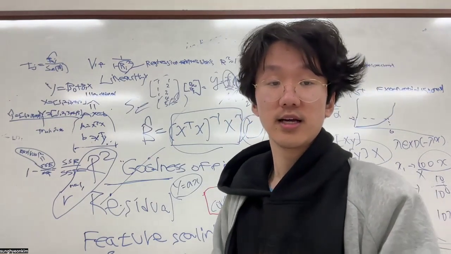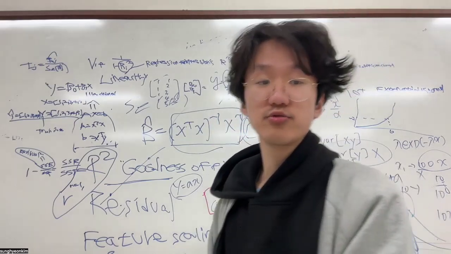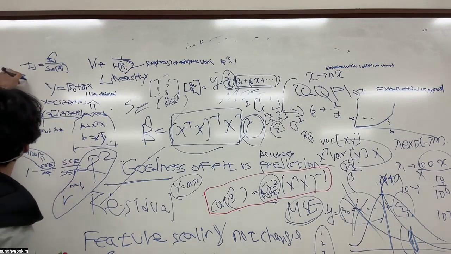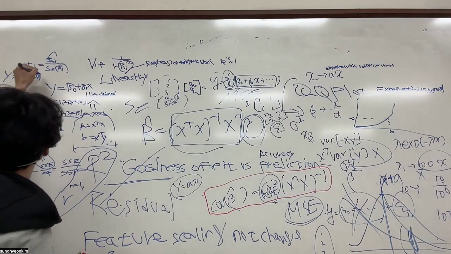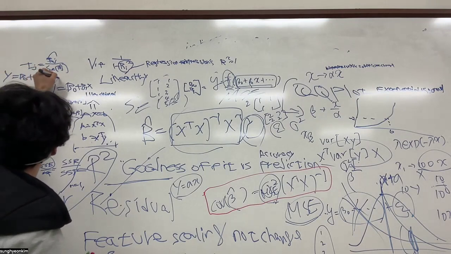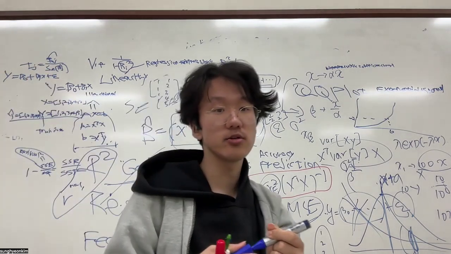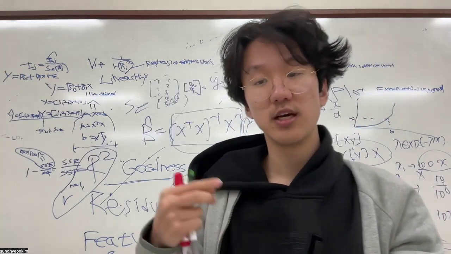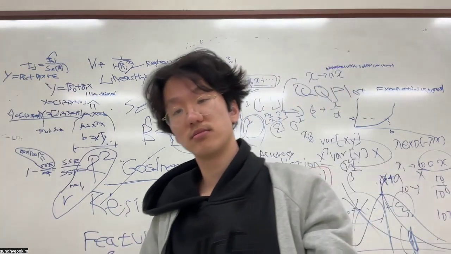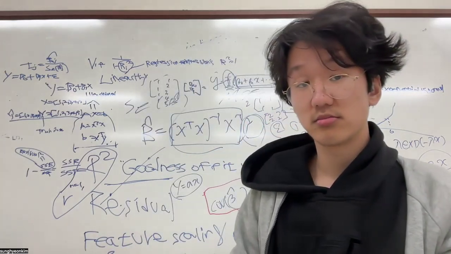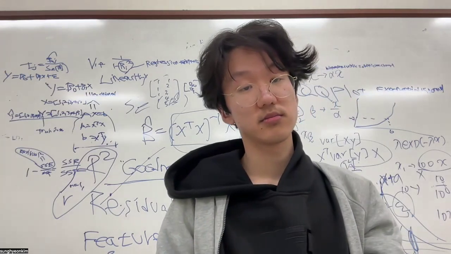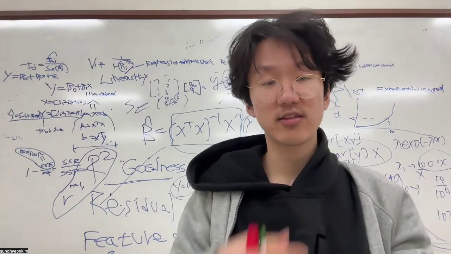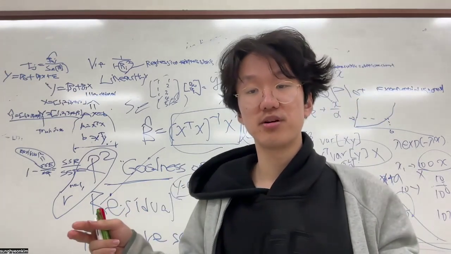We have a linear regression, y equals b0 plus b1 x plus epsilon. We say epsilon follows a normal distribution with mean 0. Then let's say we take a sample of 100 points.